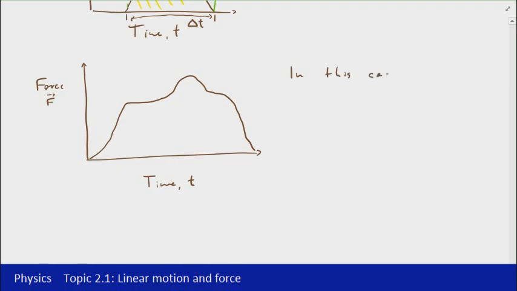In this case, there's no mathematical relationship that we can refer to easily between F and T. So what we can do in that situation is approximate the area.